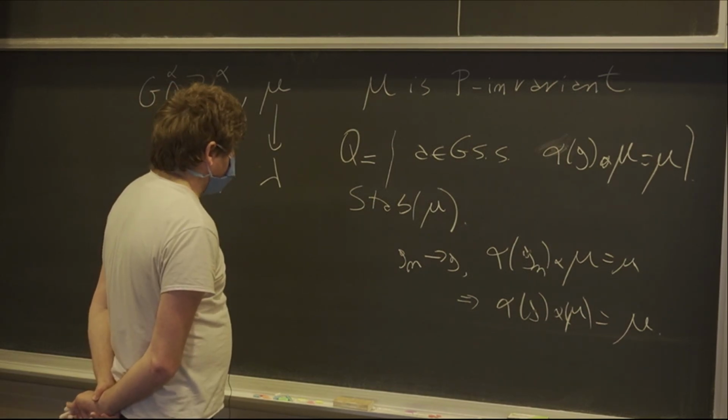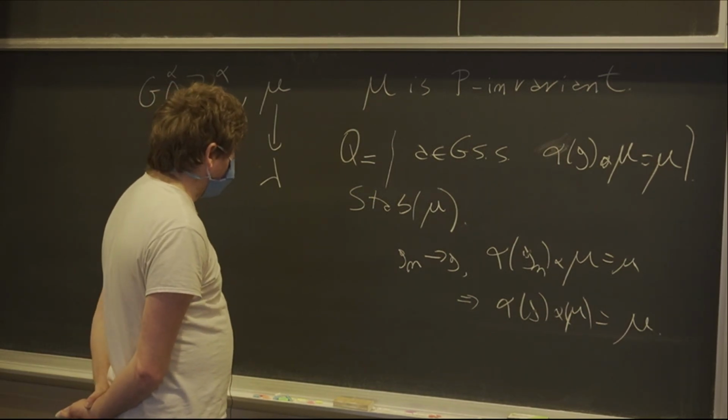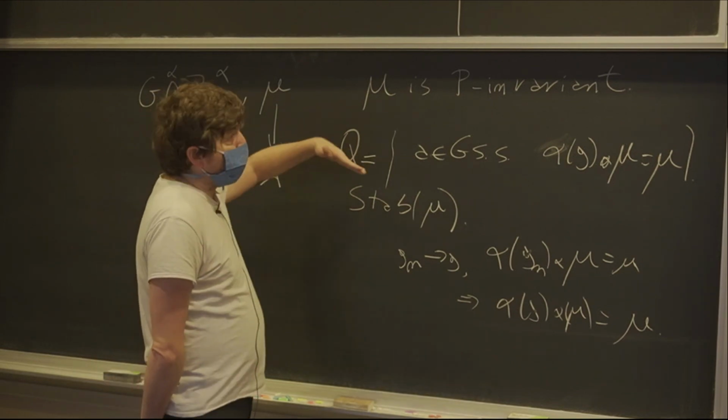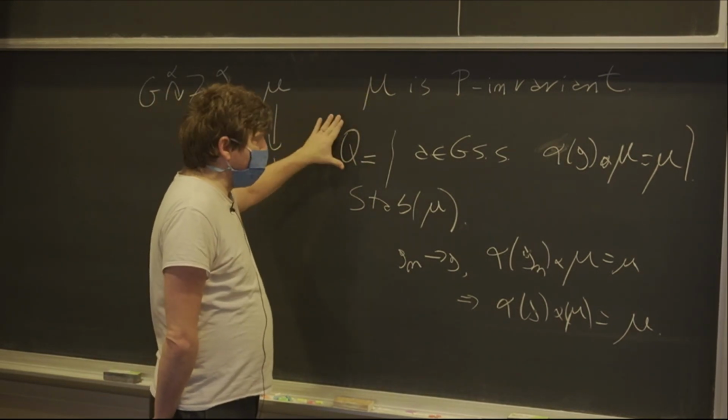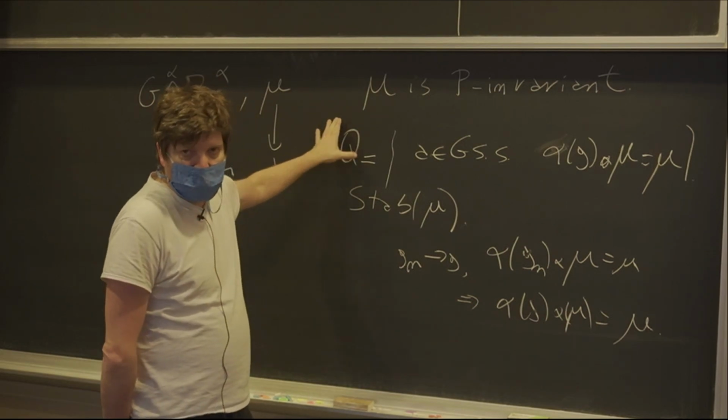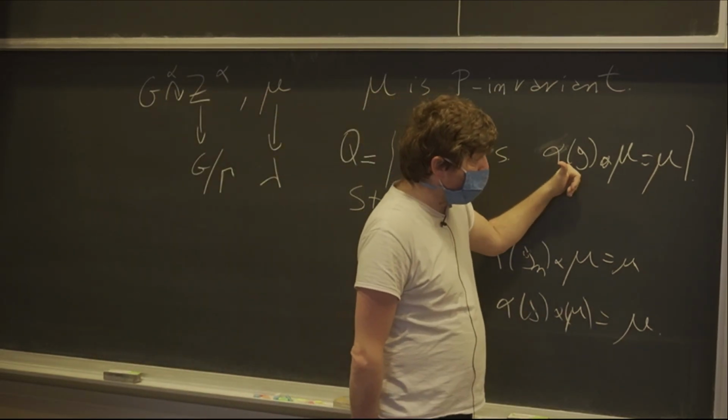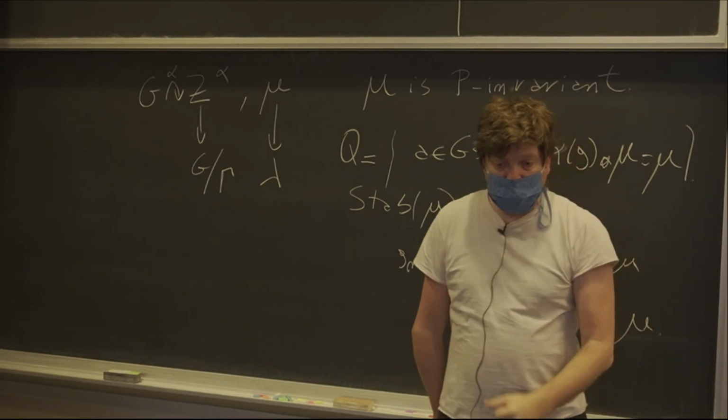Okay, so this tells us that Q is closed, and the fact that Q coincides with the previous Q is just one computation. It's not really hard. It uses the fact that this measure mu is the graph measure.